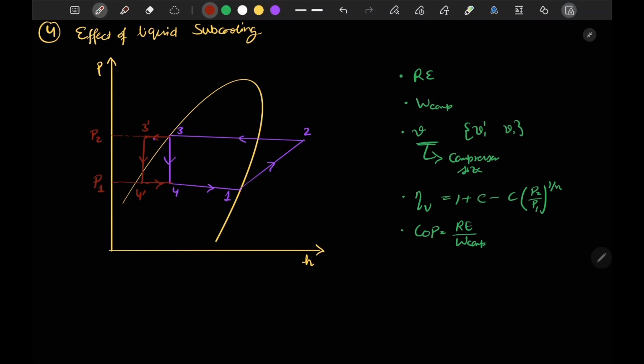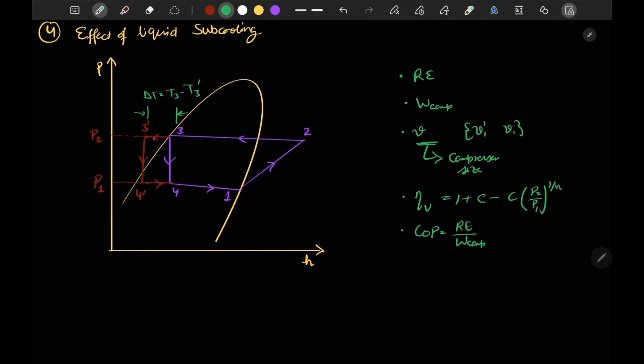So from here we can say that this amount, delta T equal to T3 minus T3 dash, is called our degree of subcooling.